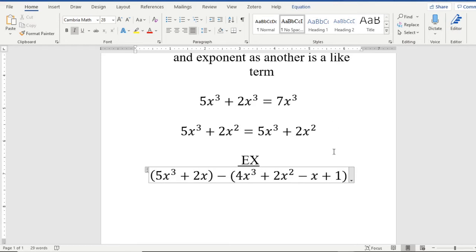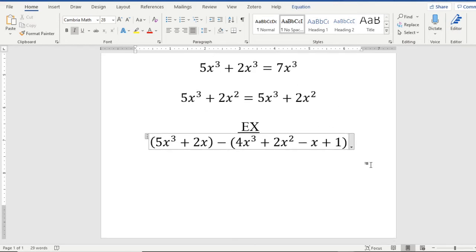There we go. All right, so let's see what this looks like. Again, we can only combine like terms, but now we have this negative sign in between. So let's deal with that first. This means everything inside of this set of parentheses, the sign has to change. Has to be the opposite. So let's rewrite this.